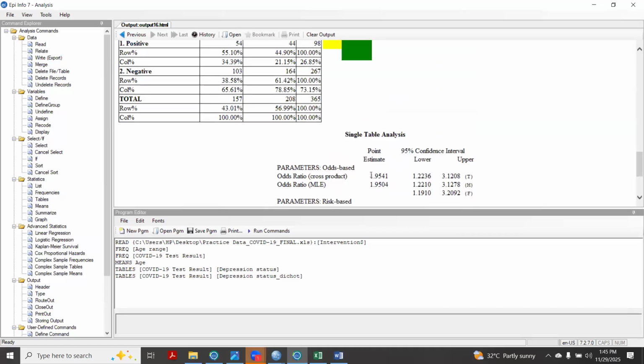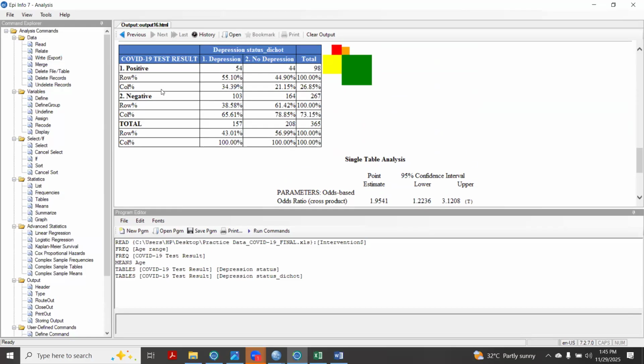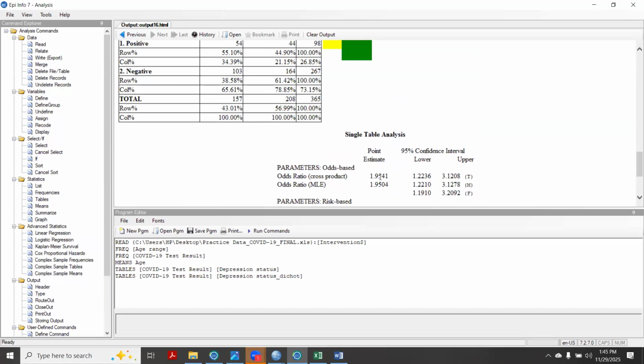For the odds ratio, what this interpretation means is that those that are positive for COVID-19 test result are 1.95 times. So for Epi Info, please use the cross product, all right, which is the first one. Although the results, whichever one you use, it doesn't really matter because the values are almost the same.